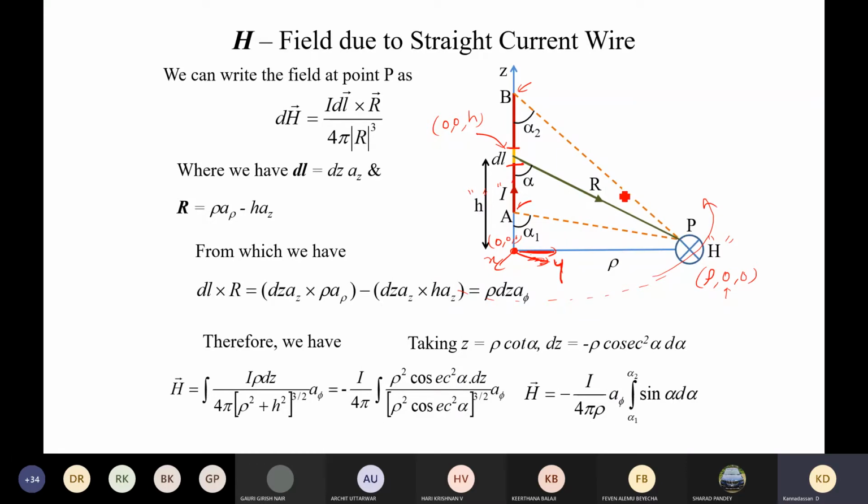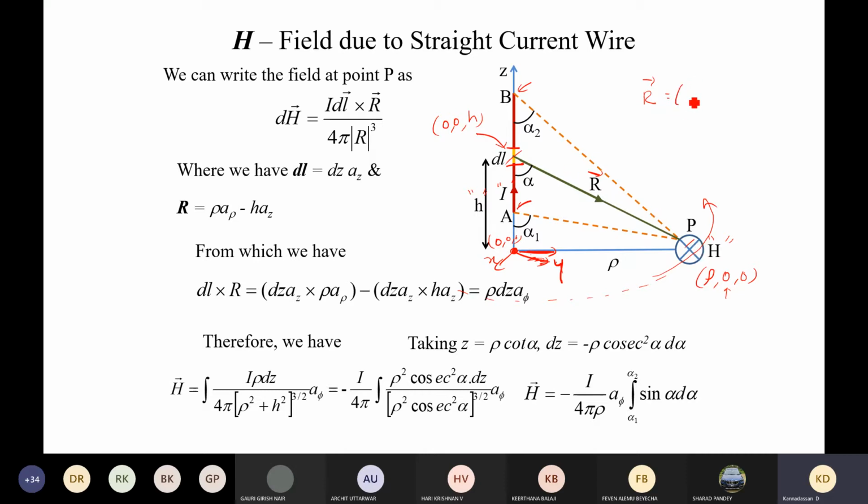Now, the very first thing we are supposed to do is find this r vector. So this r vector is nothing but the line joining this dl with the point P. So it is starting from here and ending at point P. So the very straightforward answer is: point this to this.